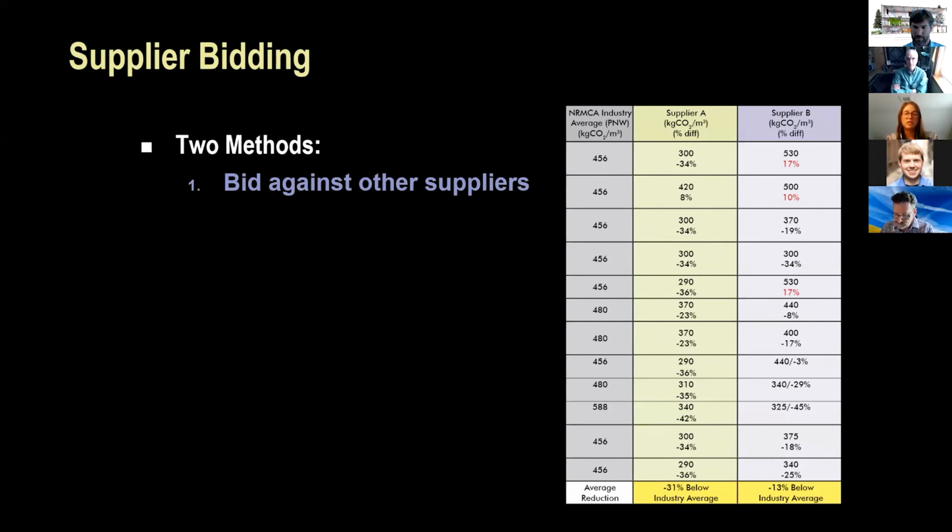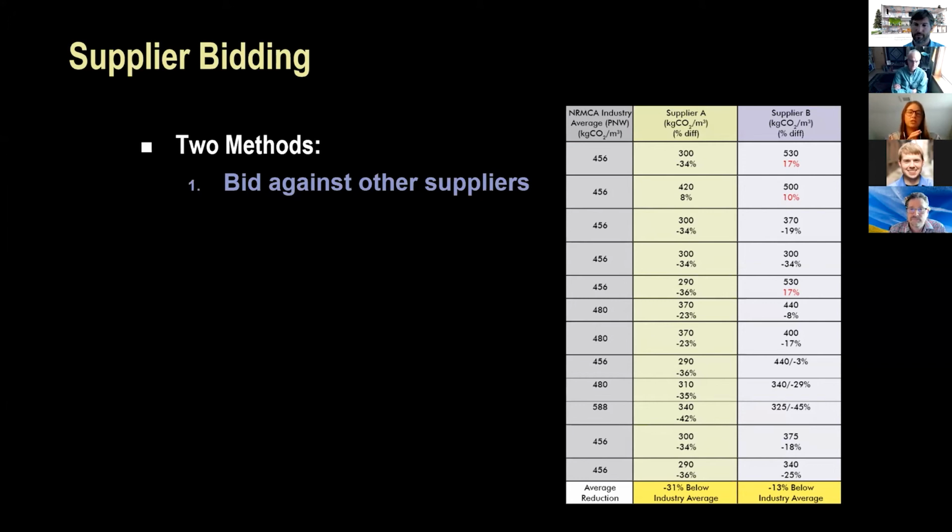The first way is to include in the supplier bid request the indication that suppliers will need to submit concrete GWP information, and that GWP data will be considered during the award process.